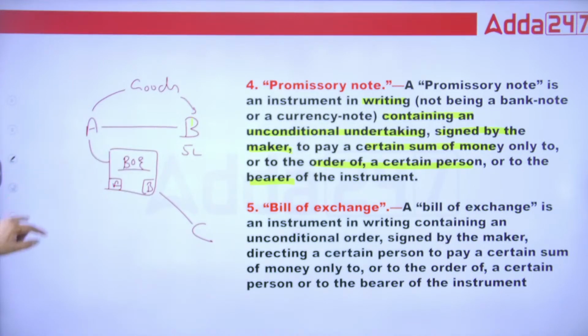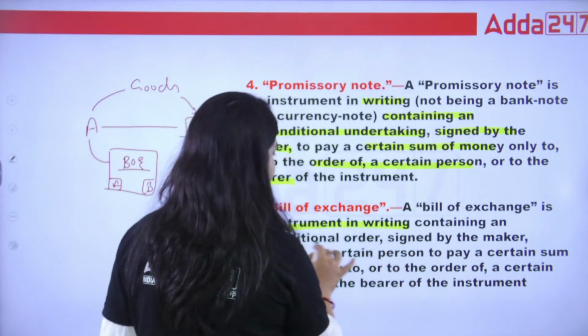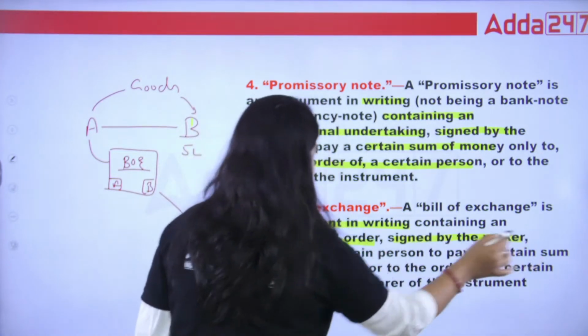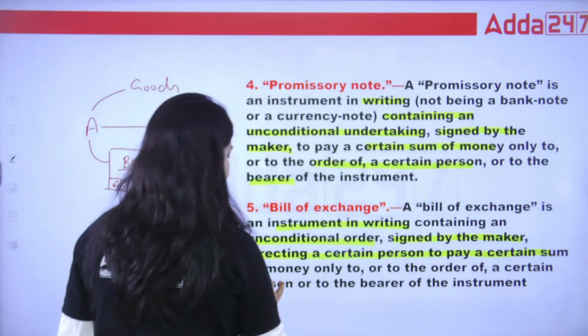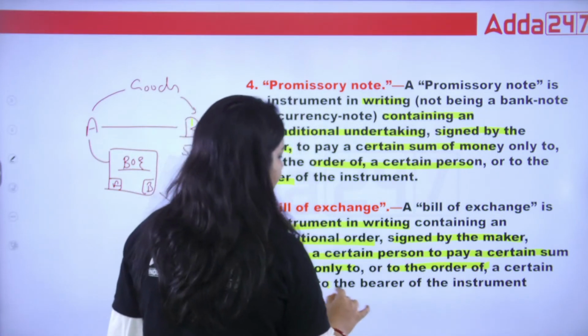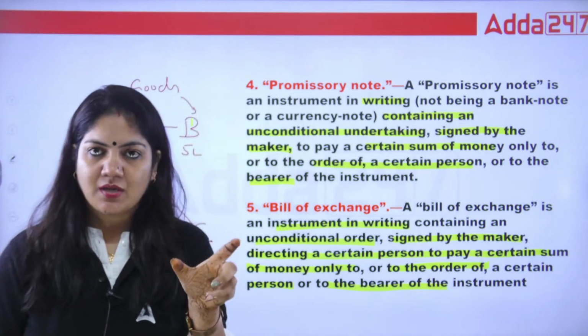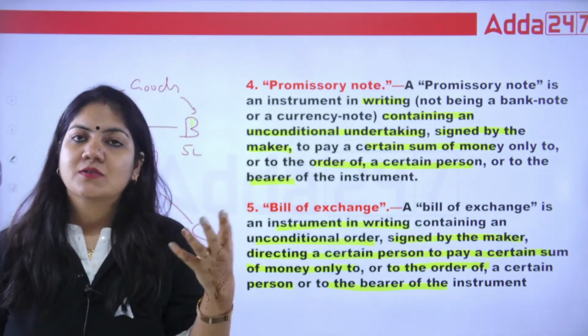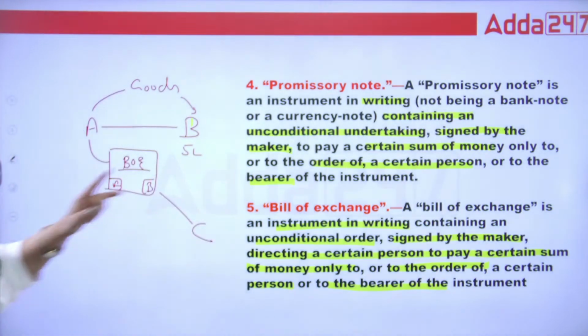What exactly is a bill of exchange? An instrument in writing containing an unconditional order, signed by the maker, directing a certain person to pay a certain sum of money only to, or to the order of, a certain person or to the bearer. Order means when the name is written. Suppose in a check, if the name is not written, that is called bearer. If the name is written, that is called order. This is called a bill of exchange.